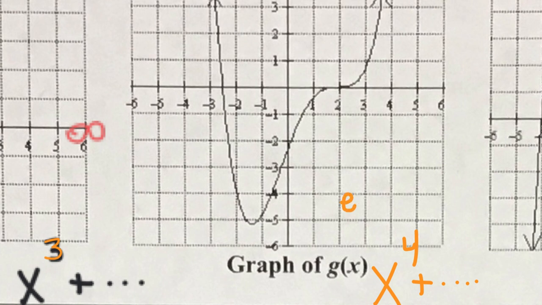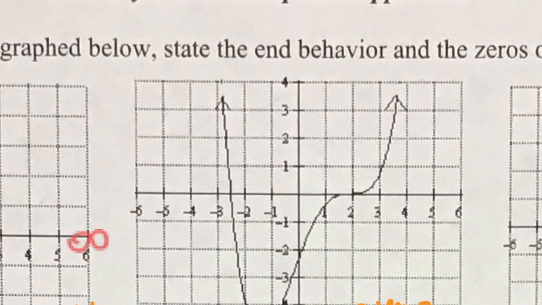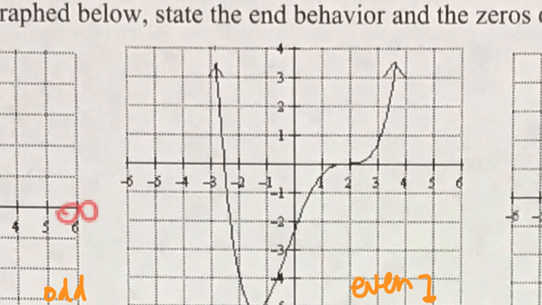So this is going to be an even polynomial, because we have an even power as the degree. Over here, this must have been an odd polynomial because it had an odd power. It's something to understand because all evens and all odds basically behave the same. What do you notice about the arrows of this 4th degree polynomial? They go up. Not only do they go up, they both go up.